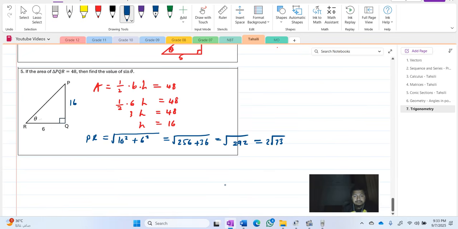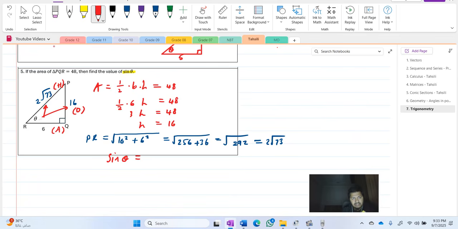Now we want to find the value of sine theta. So sine theta is equal to opposite over hypotenuse. Remember, this is the adjacent, that's the opposite, and that's the hypotenuse.